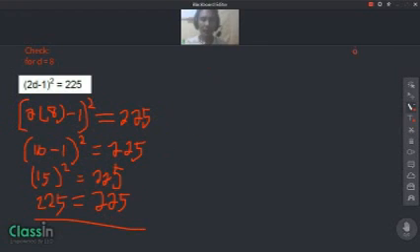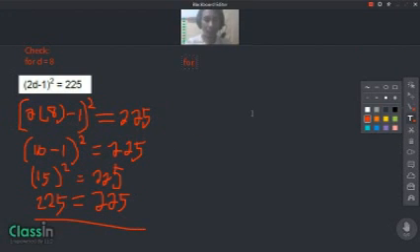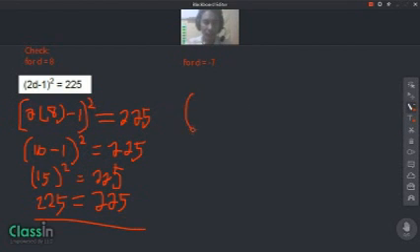Next is for d equals negative 7. So we will substitute 2 times negative 7 minus 1 quantity squared equals 225.